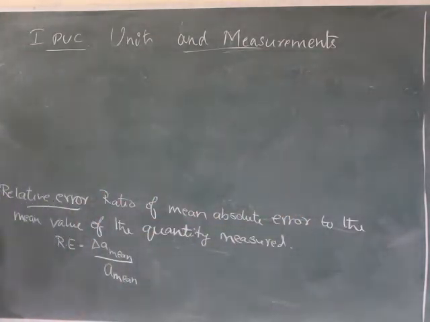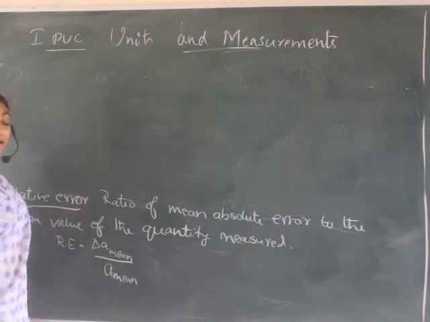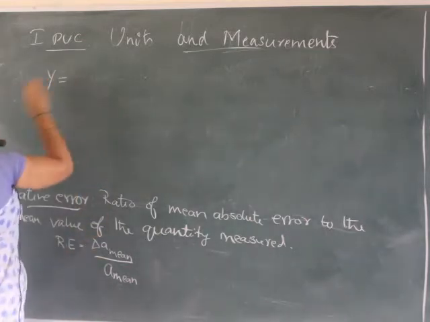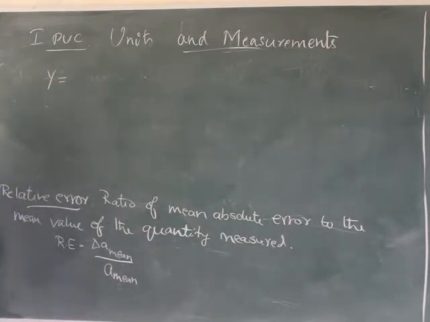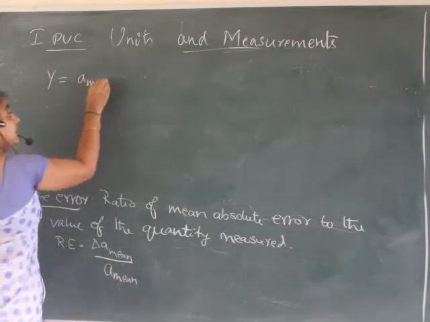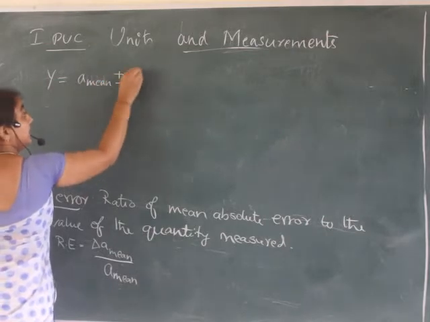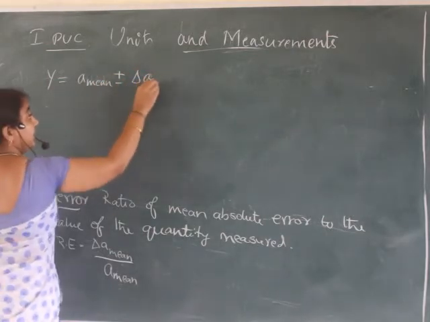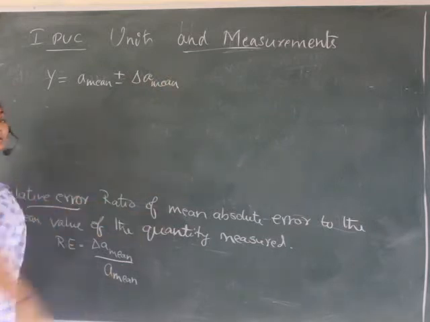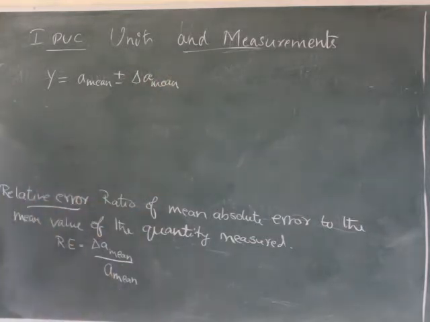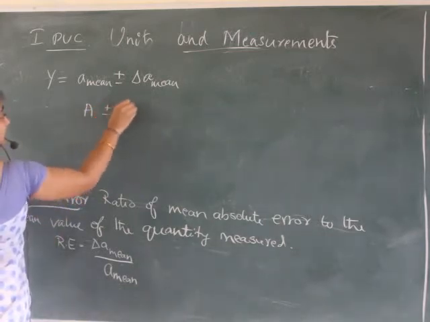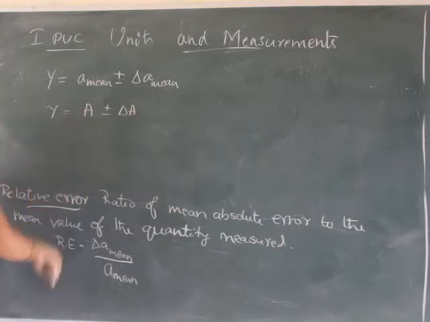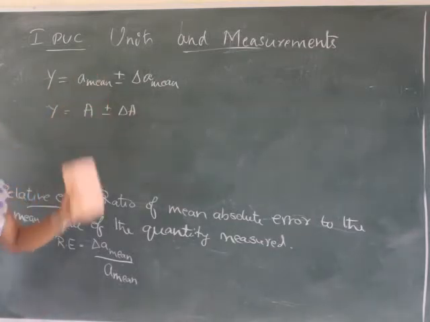See, we said in the previous class, do you remember? Y is equal to A mean plus or minus delta A mean. Do you remember this? Correct? Now I'll write the same thing as A plus or minus delta A. I'll just change the format, that's all.